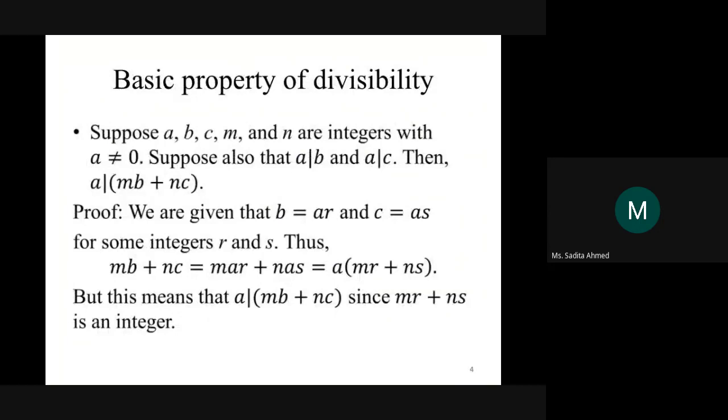Basic property of divisibility. The basic property of divisibility tells us what? That if A can divide B, and at the same time, if A can divide C, A can also divide MB plus NC. All right?